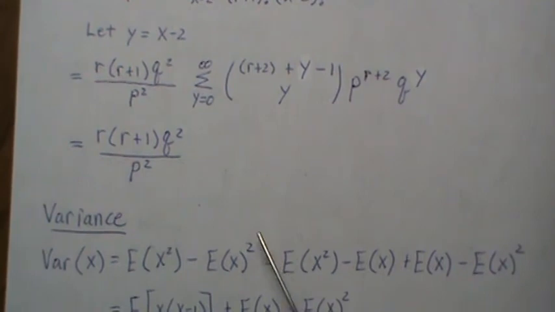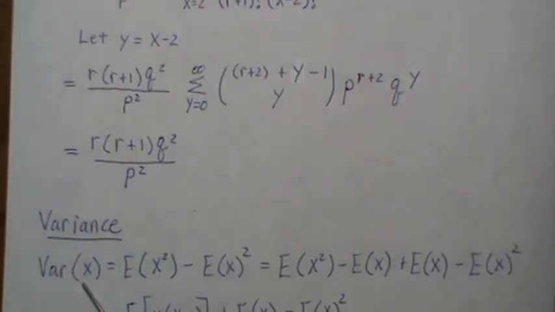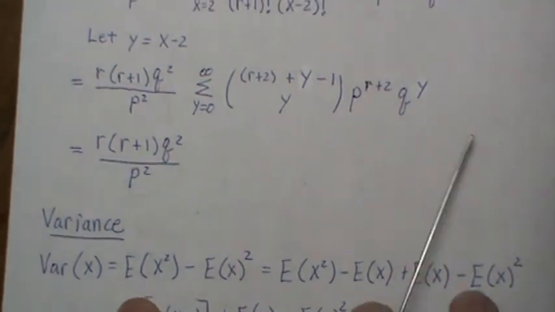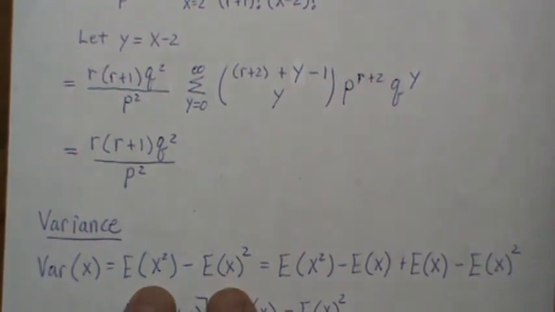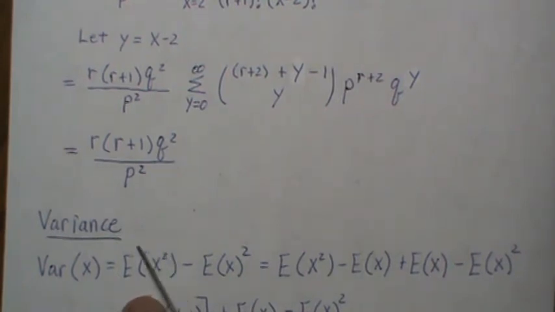The reason we do that is because to find the variance, this is the usual formula: expected value of X squared minus the mean squared. For a negative binomial, the expected value of X squared is actually sort of tough to find by itself. So what we do is trick this expression. We add 0: we add the mean and subtract the mean.